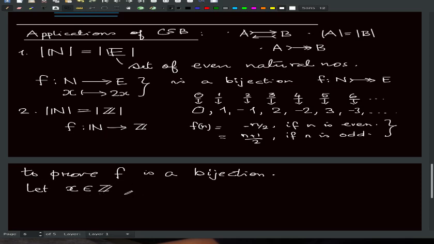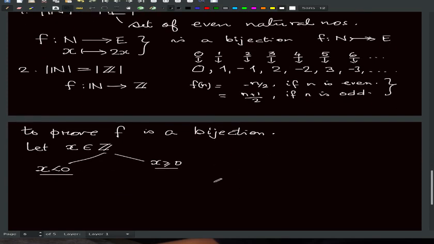Now there are two cases: x is less than 0, or x is greater than or equal to 0. If x is less than 0, then what is your scenario? Even numbers. Yes, so f of minus 2x is equal to x. Okay?